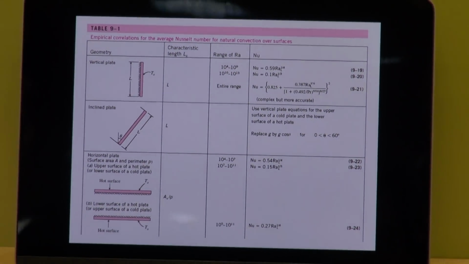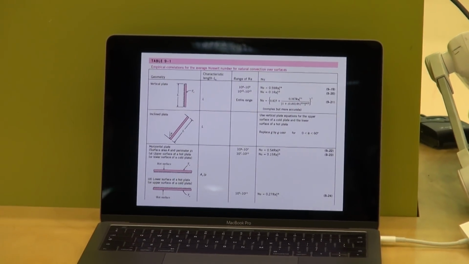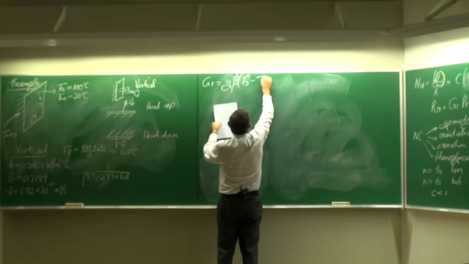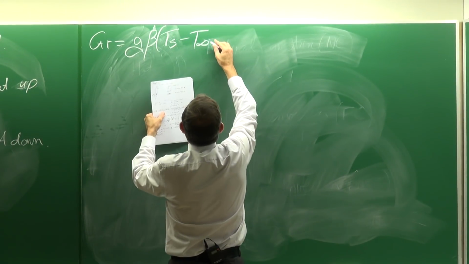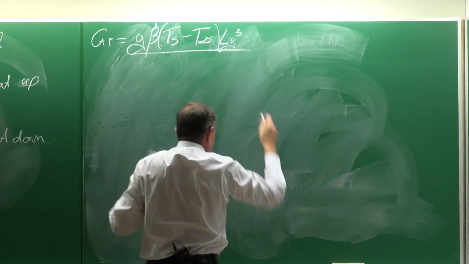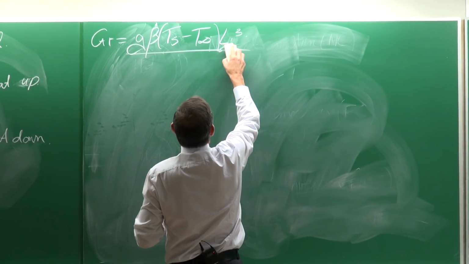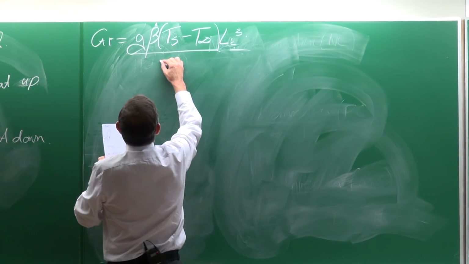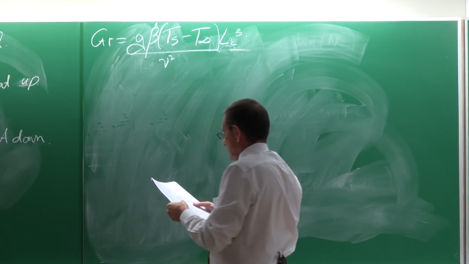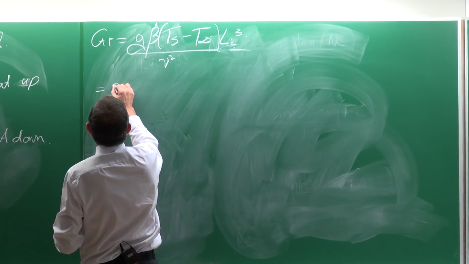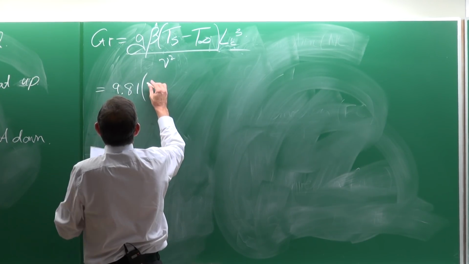So let's start by calculating the Grashof number. The Grashof number is equal to g multiplied by beta, the temperature difference, multiplied by the characteristic length to the third, divided by the kinematic viscosity squared, and that is going to be equal to 9.81.